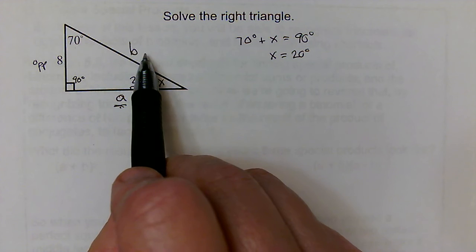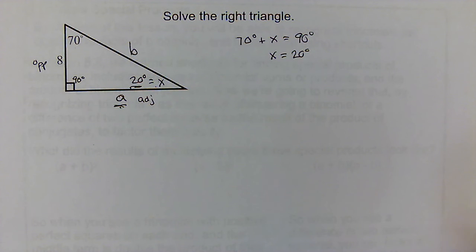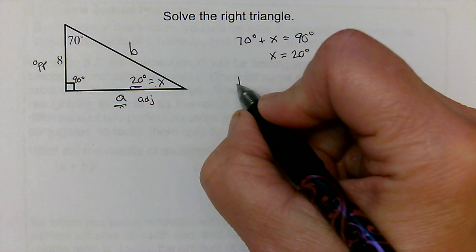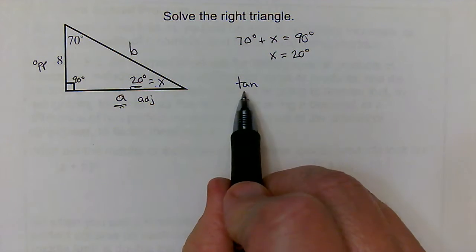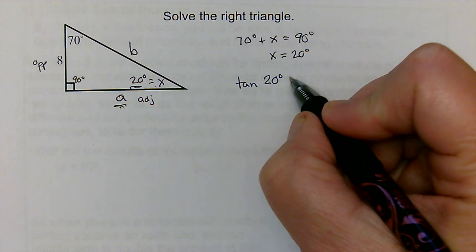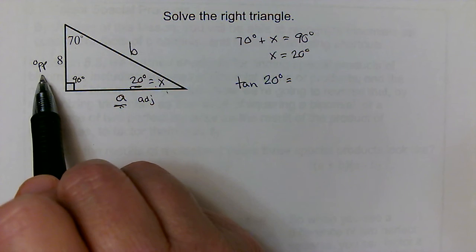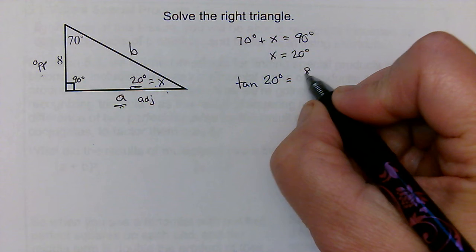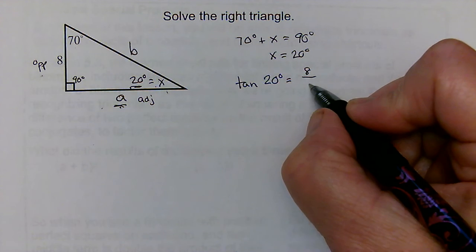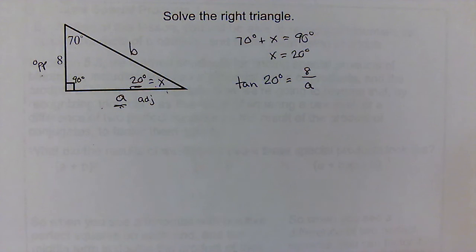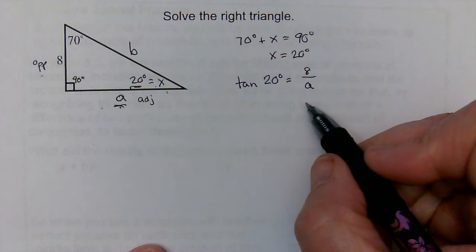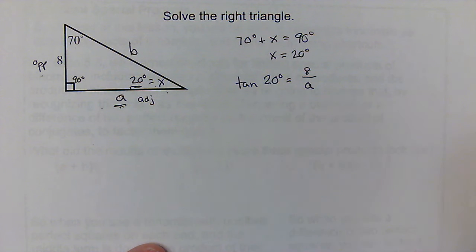So I don't know the hypotenuse, so I can't use sine or cosine because they both have a hypotenuse in them. So I'm going to have to use the tangent. The tangent of that 20-degree angle is the opposite, 8, over the adjacent, A. Now, tangent of 20 is a number that doesn't change.